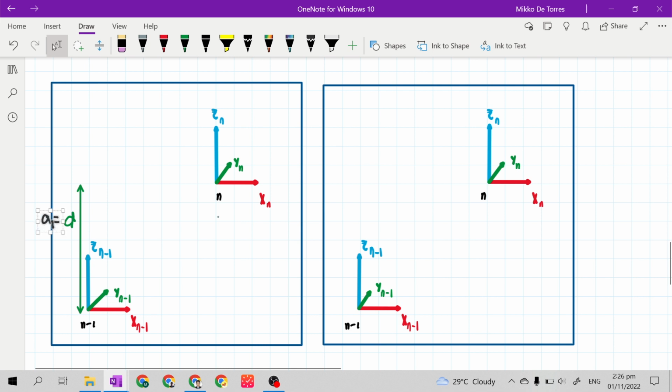So in this example, the d here is a sub 1. So this should be like this. So a sub 1 is the link length. It is d.